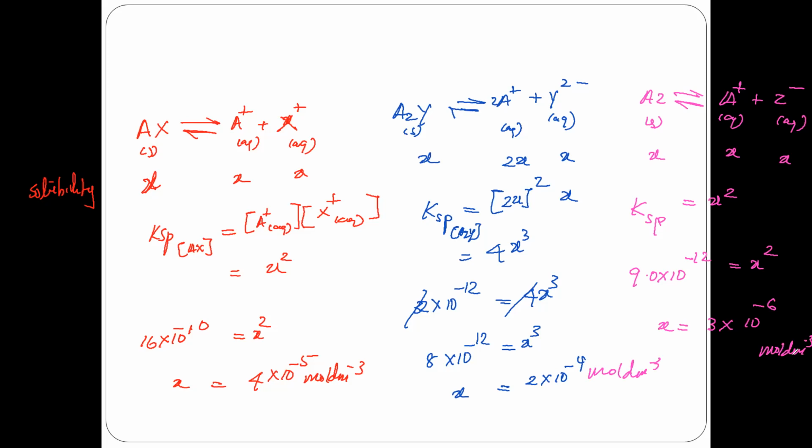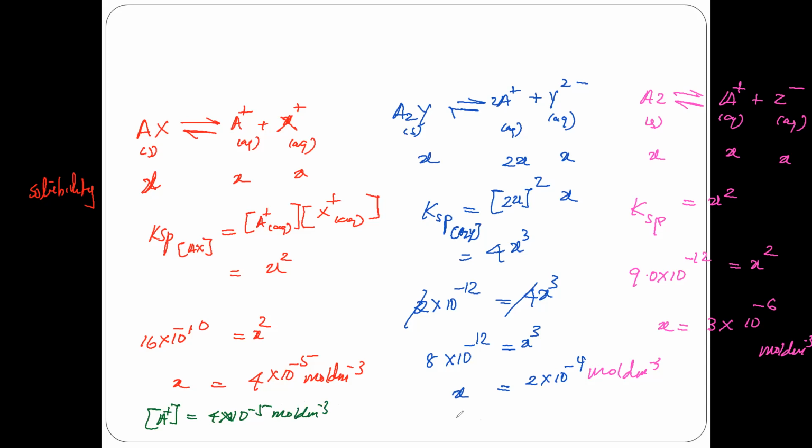You need the concentration of A. I have found X. So what is the concentration of A here? The concentration of A plus here is 4 into 10 to the power of minus 5 mole decimeter minus 3.